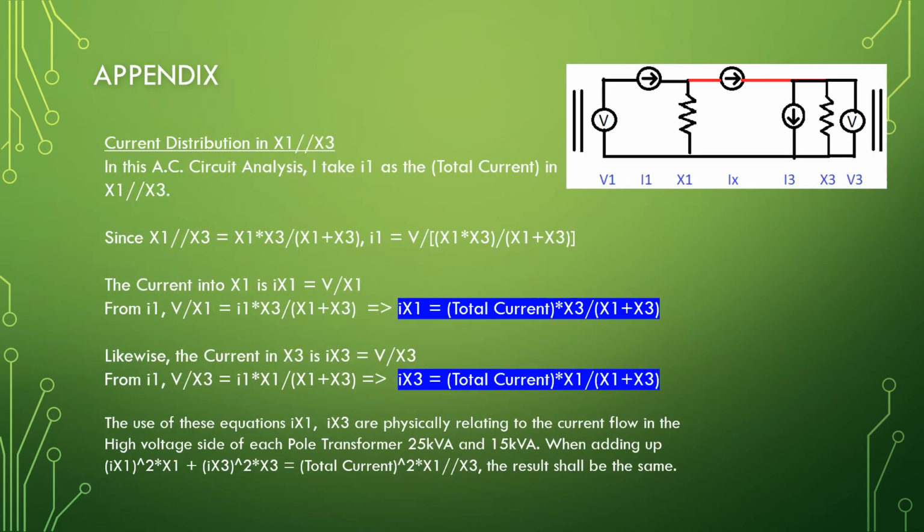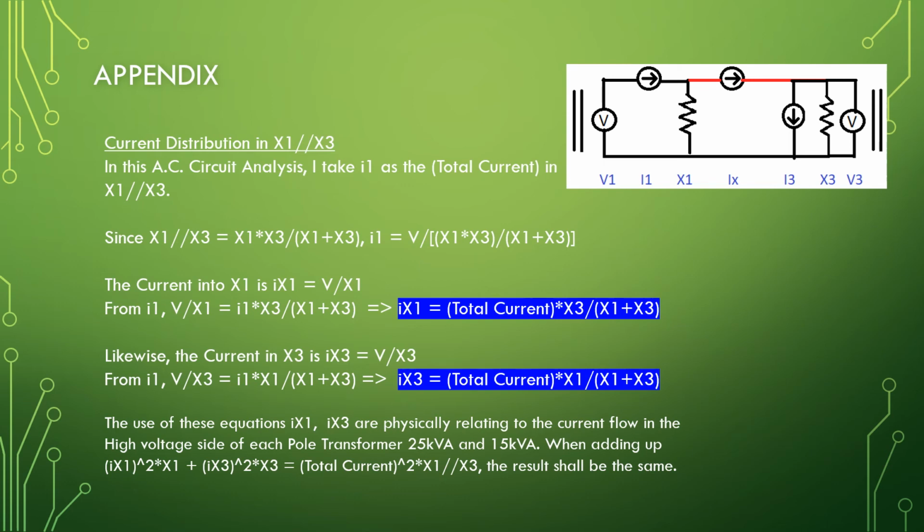Current distribution in X1 parallel X3. In this AC circuit analysis, I take I1 as the total current in X1 parallel X3. Since X1 parallel X3 equals X1 times X3 divided by X1 plus X3, I1 equals V divided by X1 times X3 divided by X1 plus X3. The current into X1 is Ix1 equal to V divided by X1.